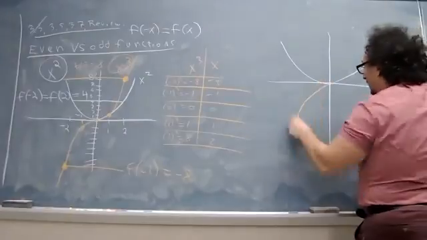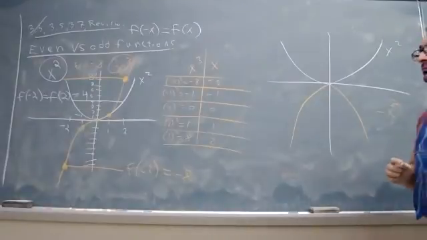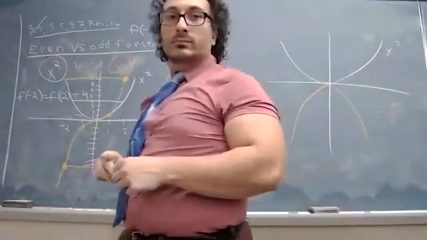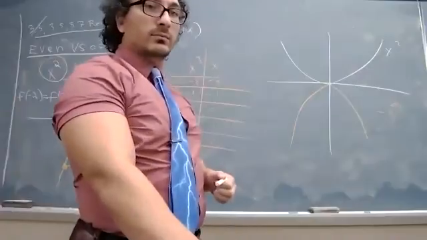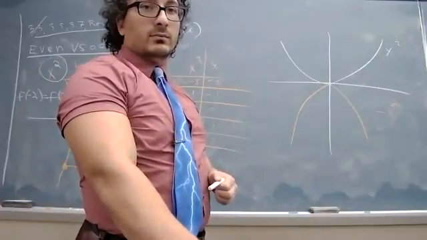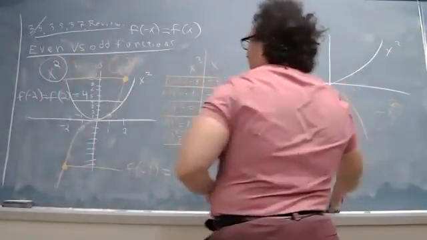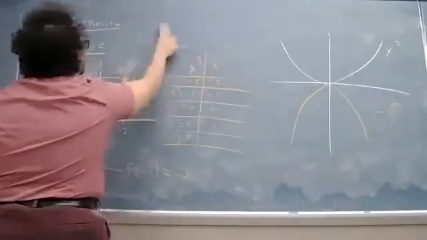Well, you could create an f of x table and you'd realize that it just looks like that. You just flip it. Okay? So that's the geometrical interpretation of even and odd functions.